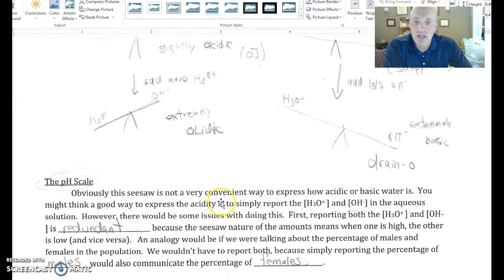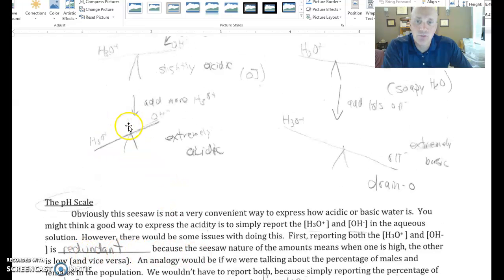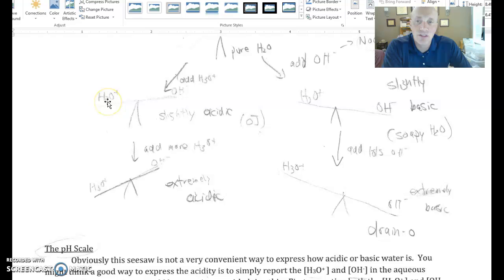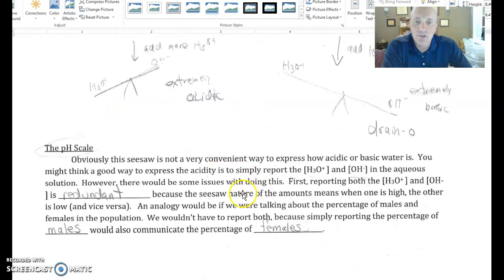So first of all, why don't we just report acidity by giving the molar concentrations of H3O+ and OH-? First reason is that it would be redundant, because there's a seesaw nature between these, so if one of these is high, the other one's got to be low, and vice versa. So simply reporting one of them would communicate the relative amount of the other.